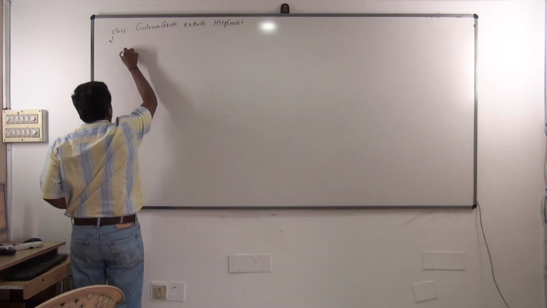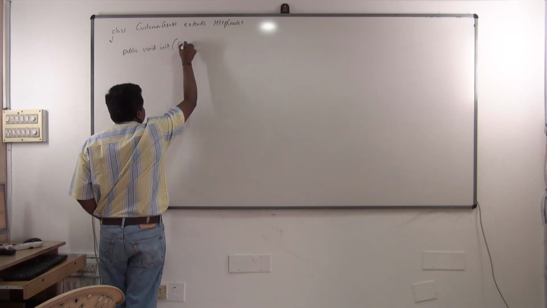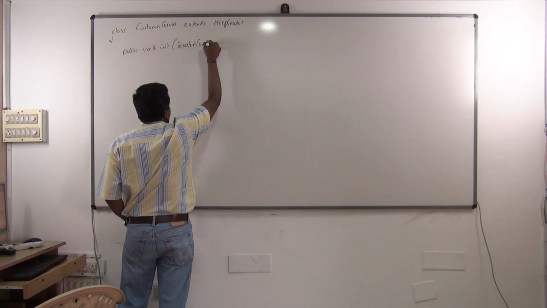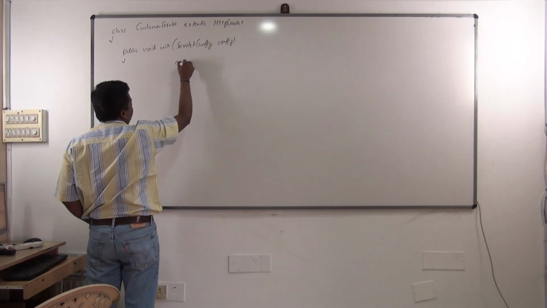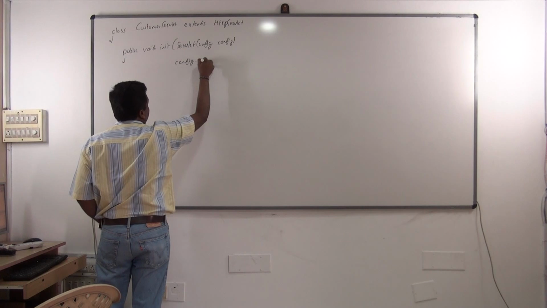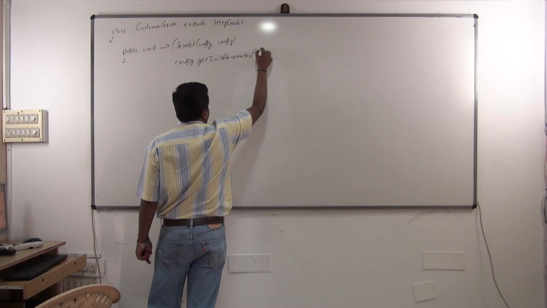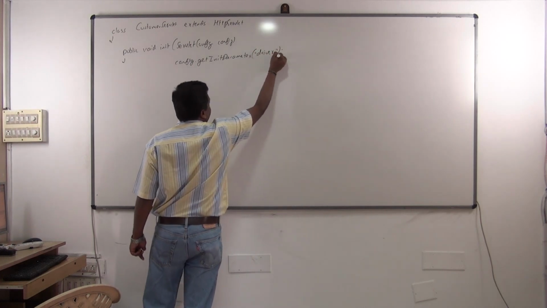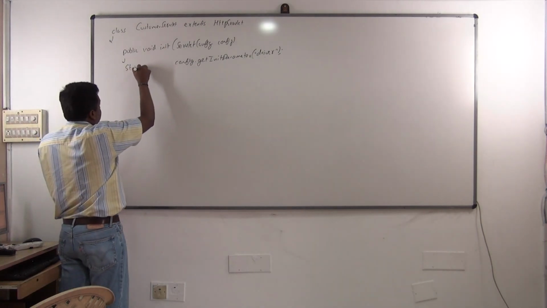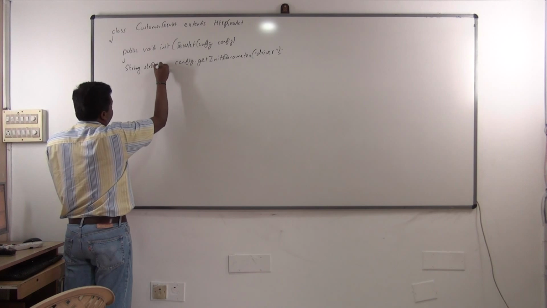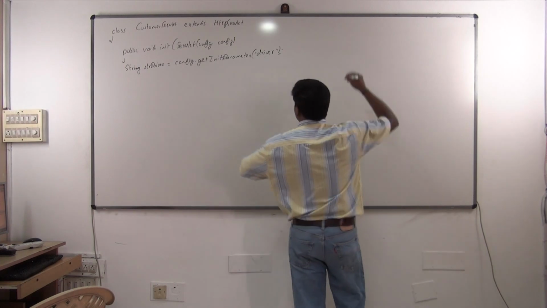So till now you have seen how to override the init method: public void init(ServletConfig config), and here you will directly call config.getInitParameter of driver, which is the name you used in web.xml. The return type of that would be String. So like this you can get all the configured values. This is one way; this is what I showed in the last class.